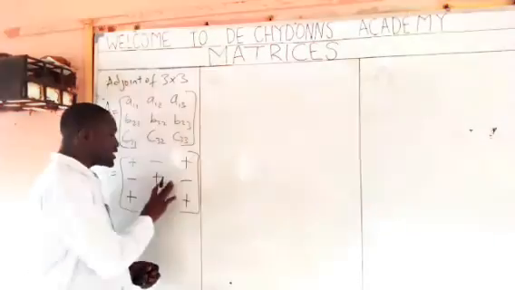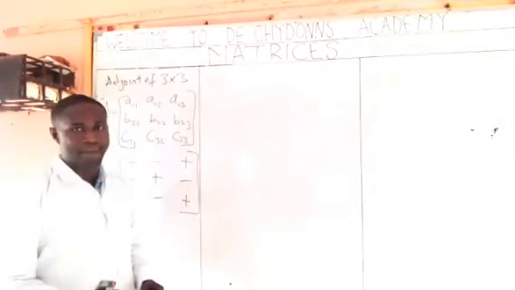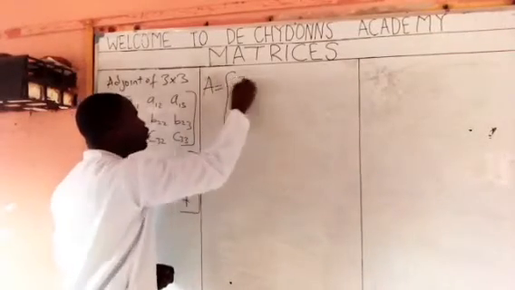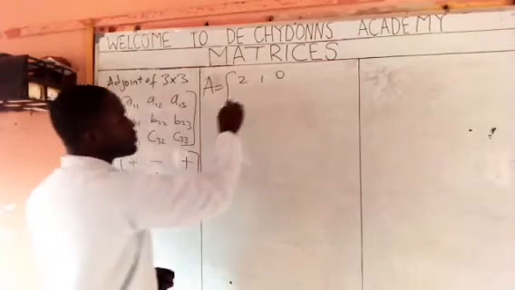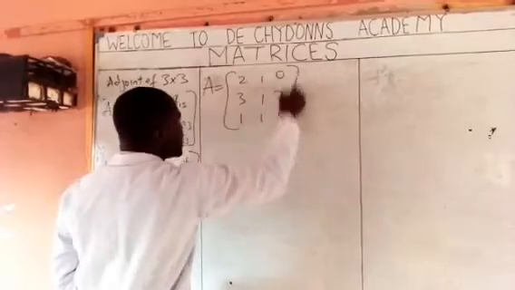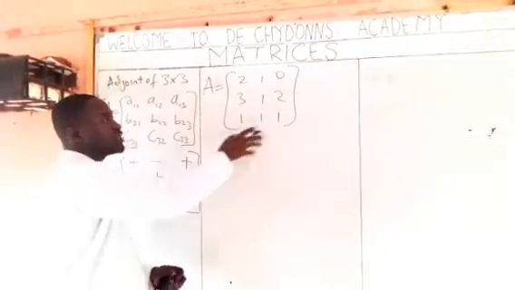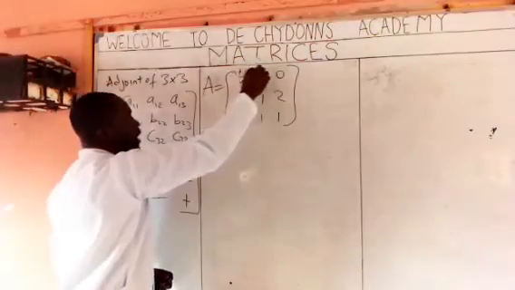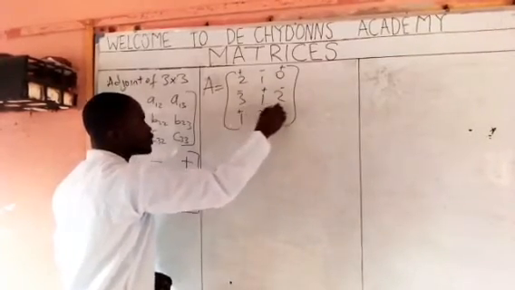Now, after getting the sign, you must get the cofactors of the elements. Take the matrix to be A equals 2, 1, 0, then 3, 1, 2, 1, 1, 1. They said, get the adjoint of this matrix. We have noted the signs: plus, minus, plus, minus, plus, minus, plus, minus, plus.